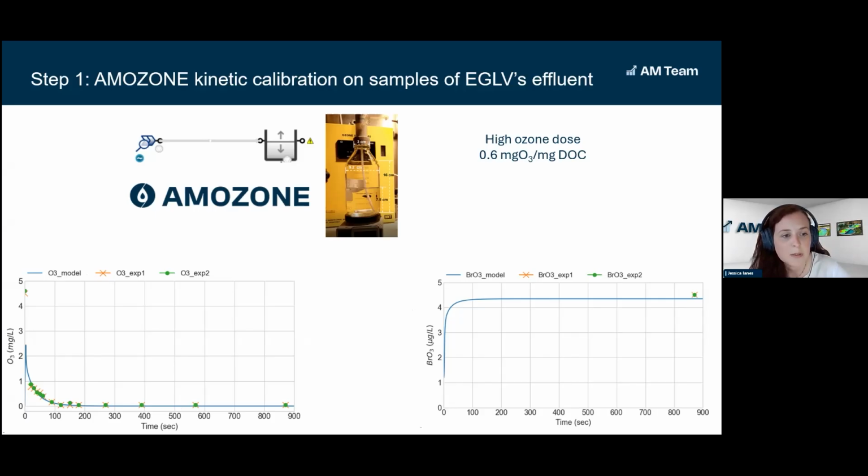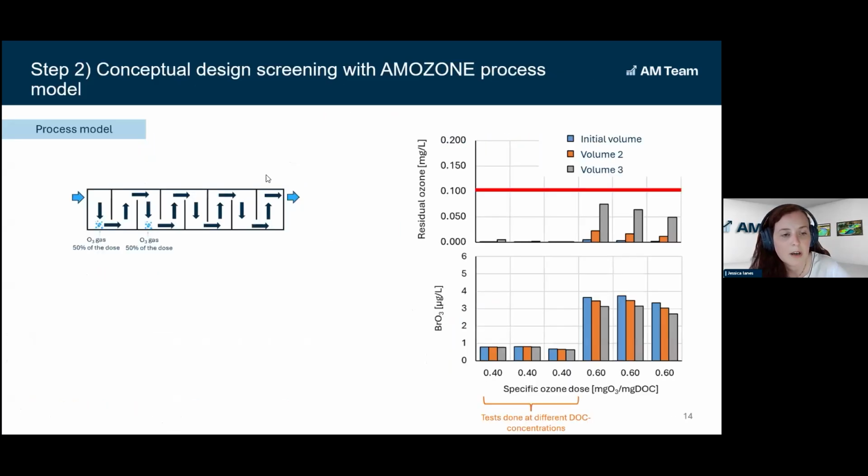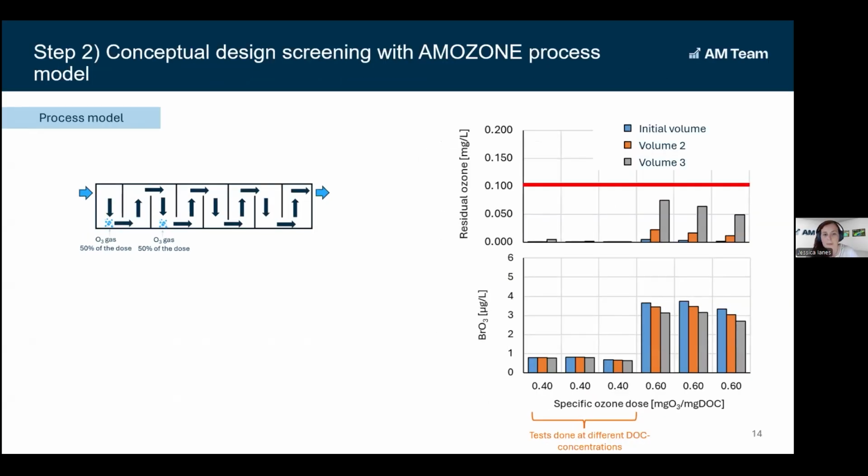Starting from this point, we could calibrate the model accurately on the water matrix of Bottrop effluent, and we could simulate in the second phase with the process model a preliminary study, focusing first on the residual of ozone at the effluent in order to assess whether the volume estimated at first was enough to grant a low residual in the effluent, and whether there could be the possibility of reducing the volume and the costs related to the construction of the reactor.